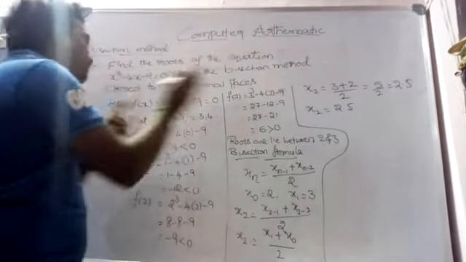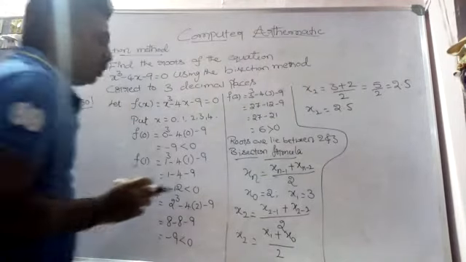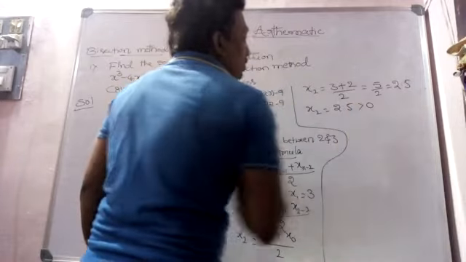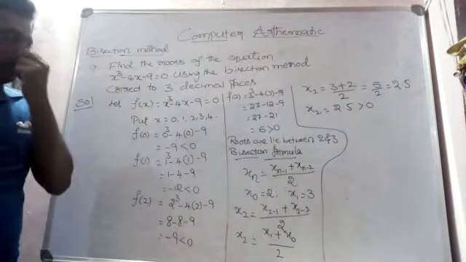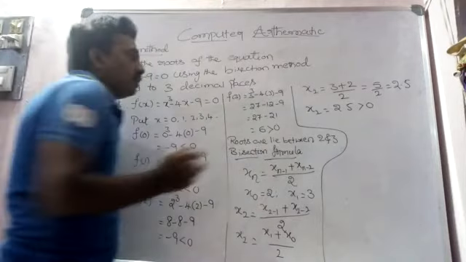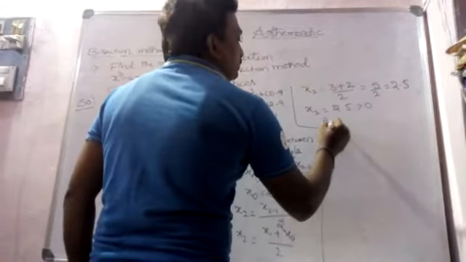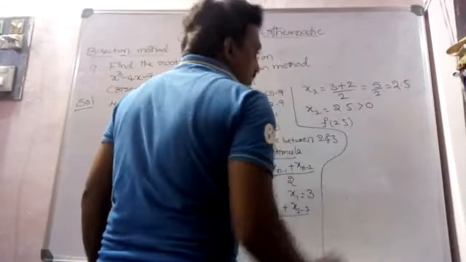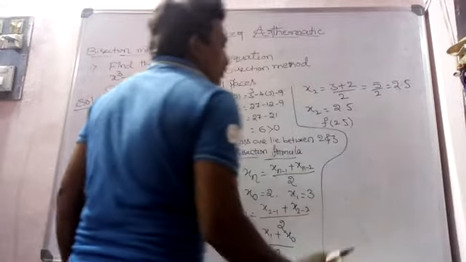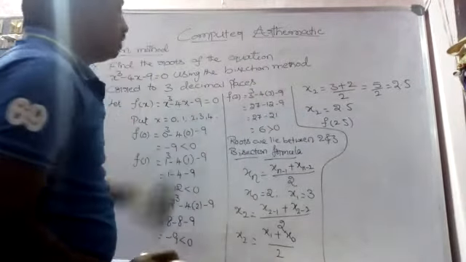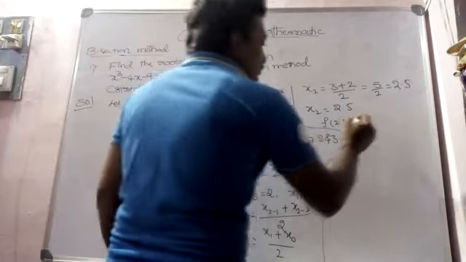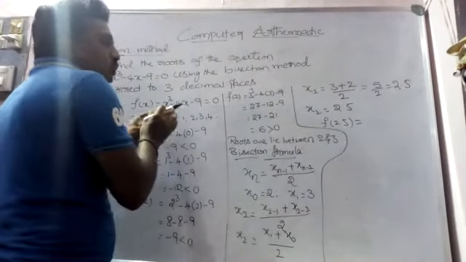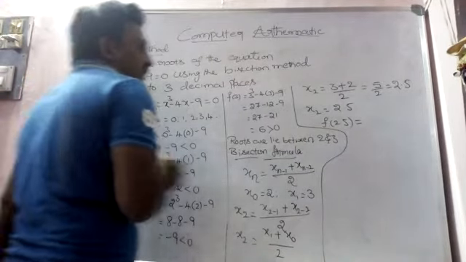Now we apply the x2 value. Now f of 2.5. It is important here whether a positive or negative sign comes.